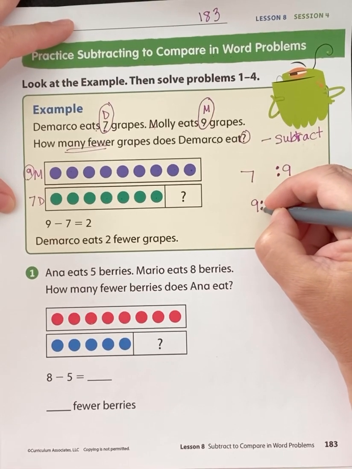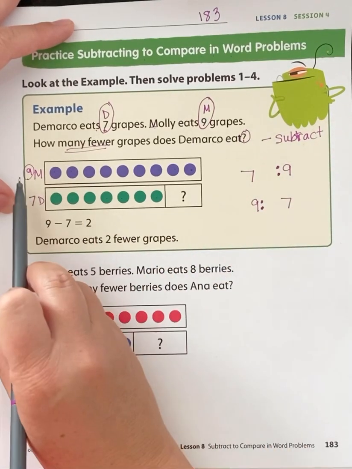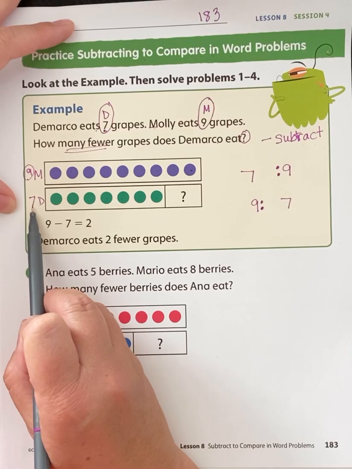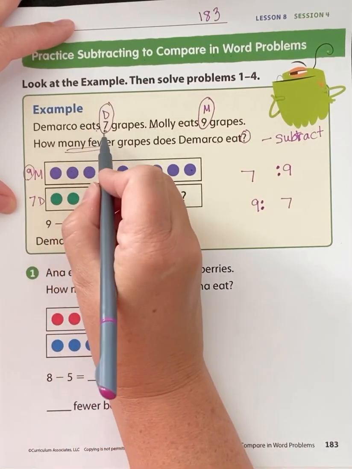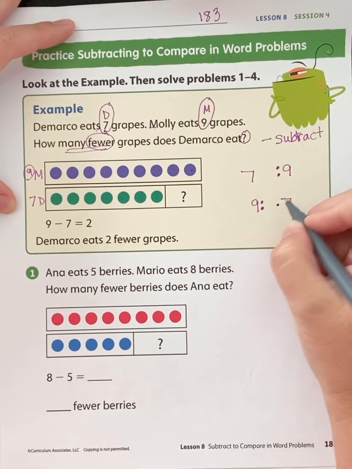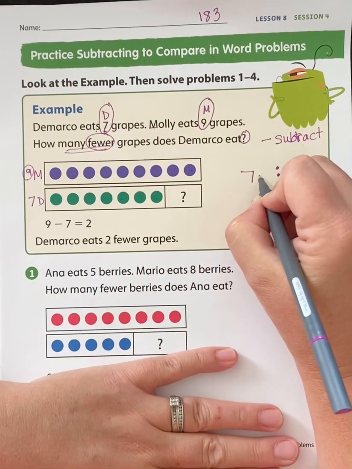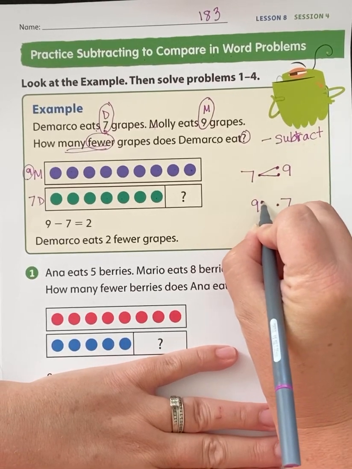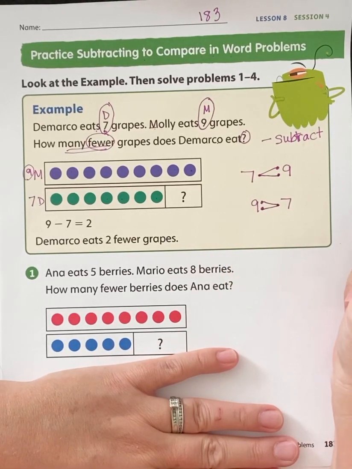We'll do that down here, 2 dots. And if Molly is more, that means DeMarco has to be, what was that word? Fewer. So it gets 1 dot for the 7. Okay, and we can connect our dots.